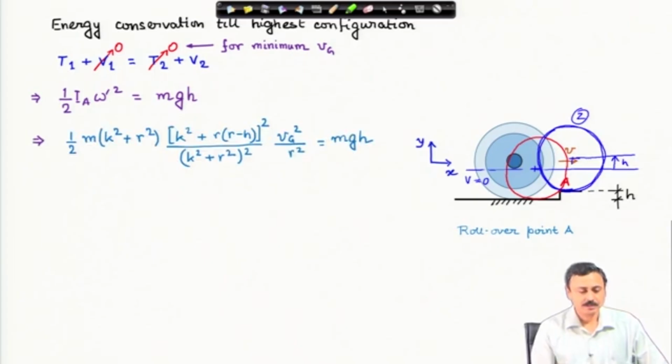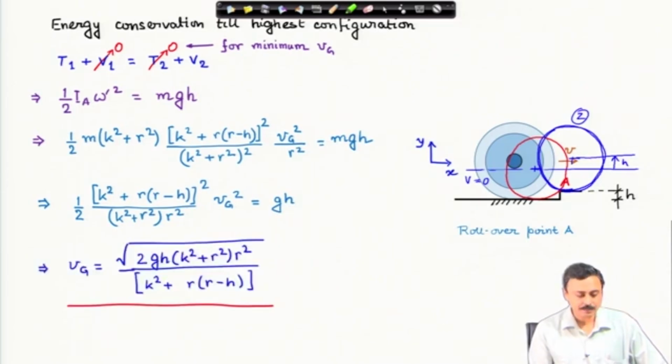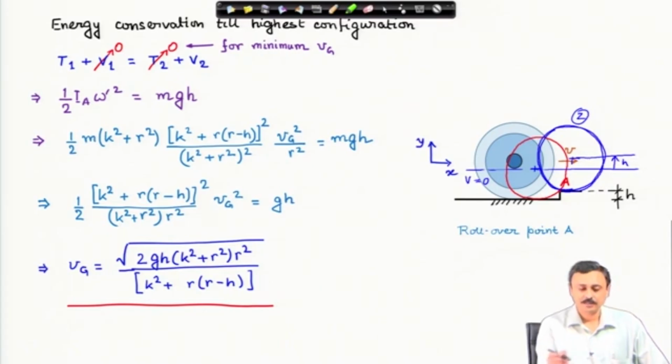If I substitute that expression of omega prime that I have determined in the first step in here, I will do these algebraic steps, and finally we can determine Vg, the minimum velocity of center of mass required to just climb the step. So, that completes this problem.